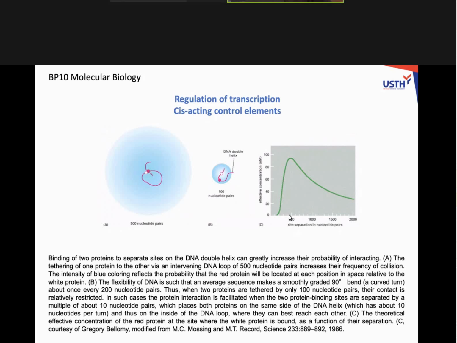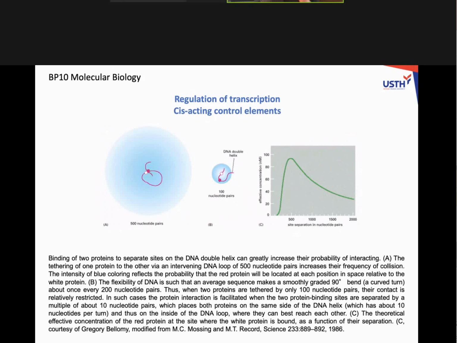What you can read from this graph is that two sites in the DNA separated by 500 base pair, where two proteins can interact: the bending capacity of DNA is such that you've got almost 100% chance that because of the bending, they can touch each other. You understand? Or no?